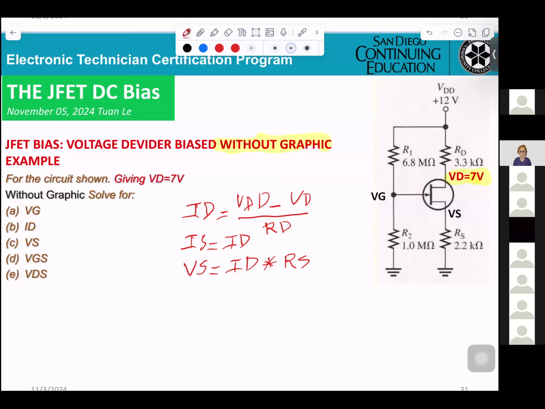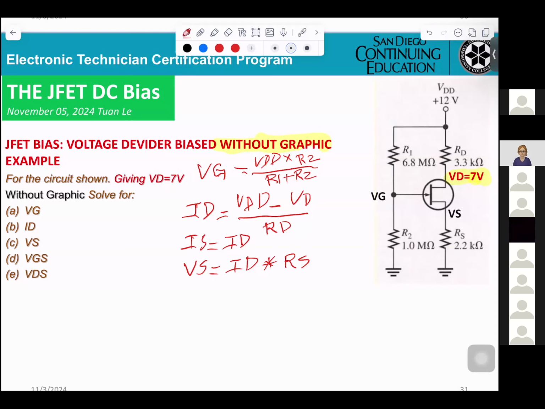You already know VG, right? VG equal VDD times R2 over R1 plus R2, the voltage divider.